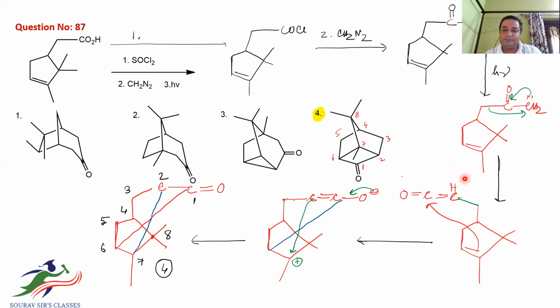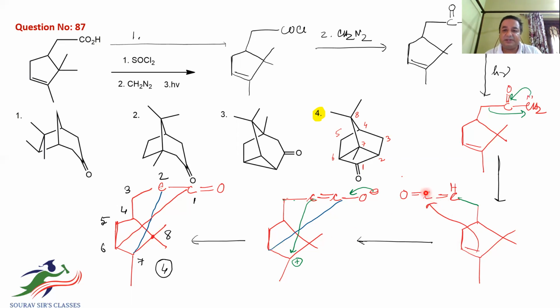Now, what happens next is, for this ketene type of system, since there is no water or acid or any other ammonia, such type of things, we can think that the ketene will undergo an attack from the pi electron over here. And so we can think of a ring formation.